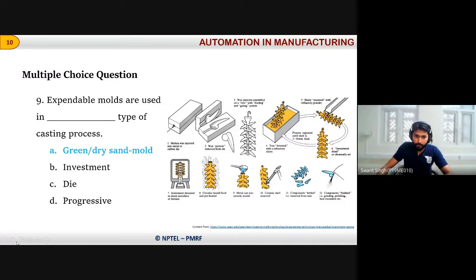First of all, we make a box where we inject the wax. This is the structure that we want, so we prepare a wax pattern of this kind of structure.